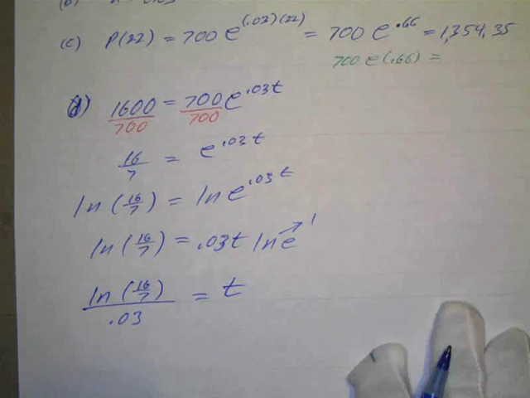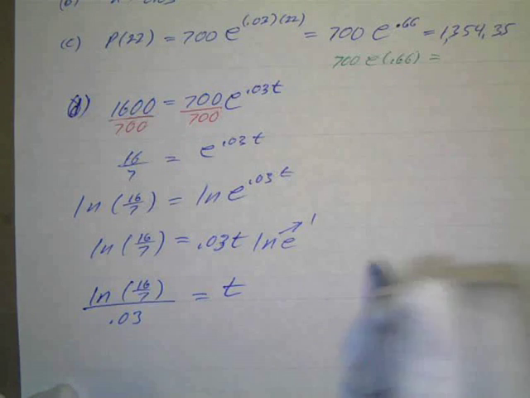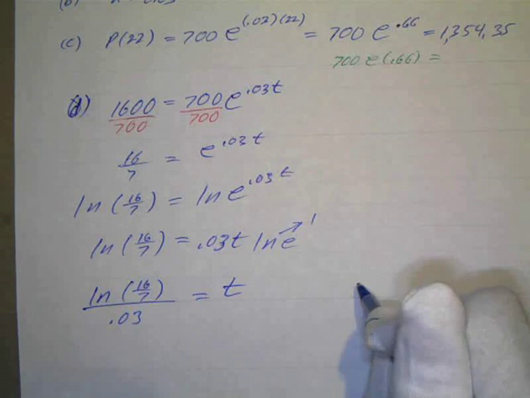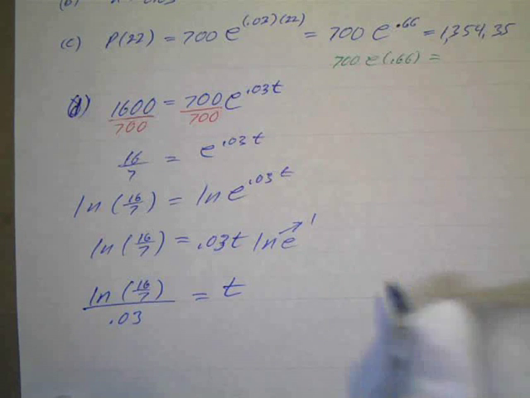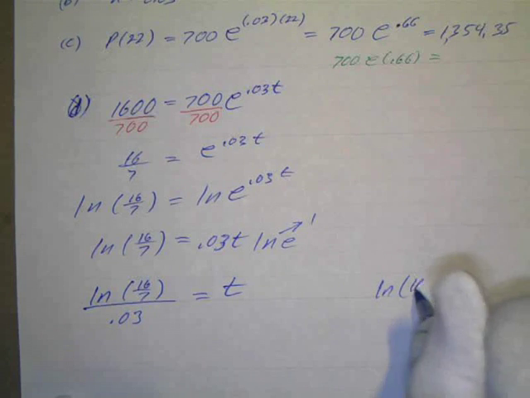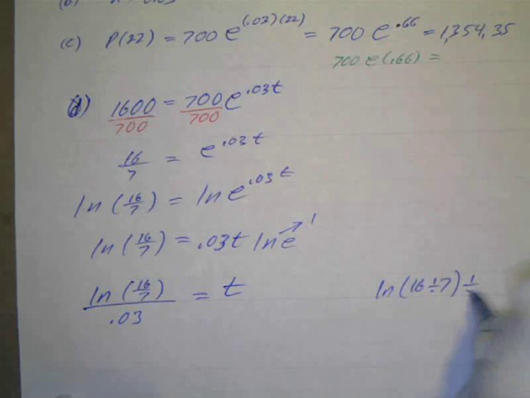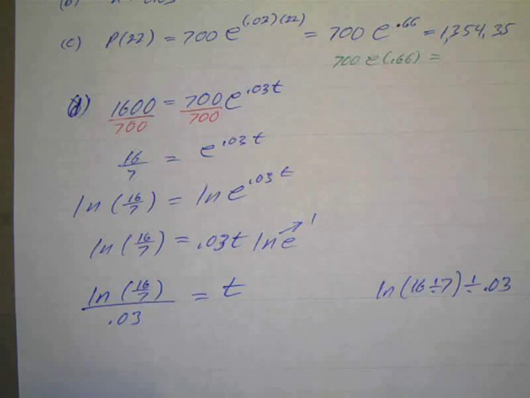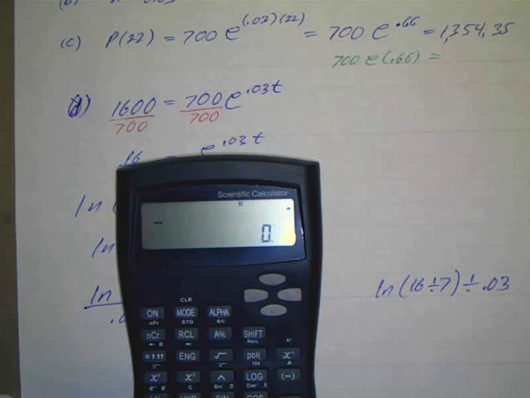And then in our calculator we can do that. I would do that like this: ln, and I put a parentheses because I have a fraction, 16 divided by 7, parentheses, divided by 0.03. And that would work the same on either calculator, so I'll just use this one. Let's clear that.